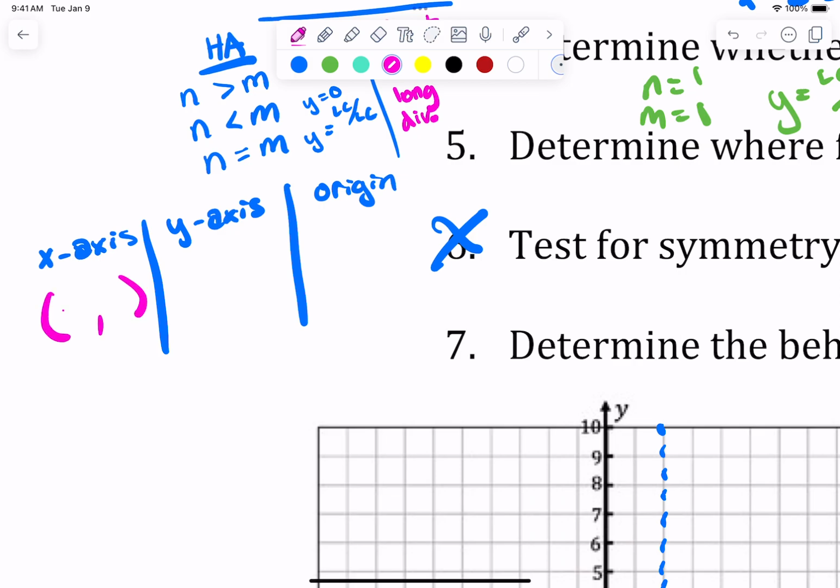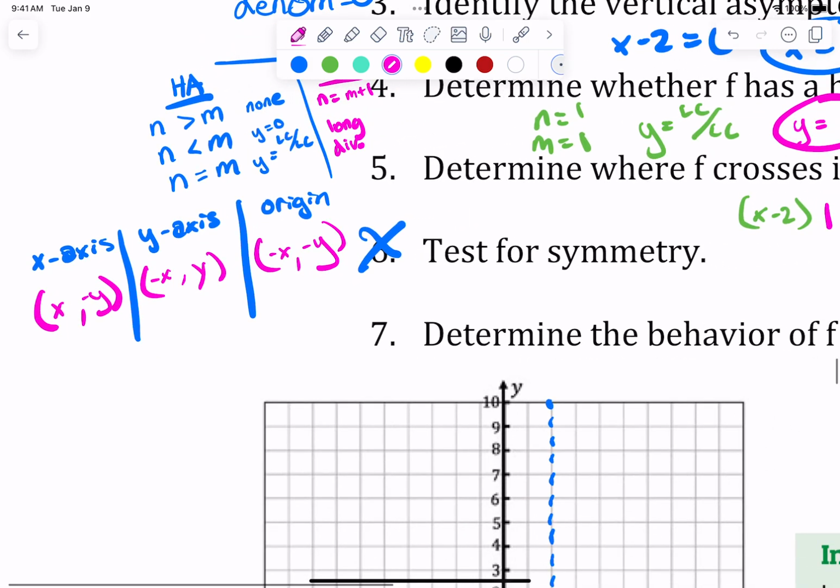Negative y, and we see if it flips back to normal. Y-axis symmetry, we plug negative in for x. Origin symmetry, we plug negative in for both, and we see if it changes back to the original. I won't make you test for symmetry, but that's how you do it.